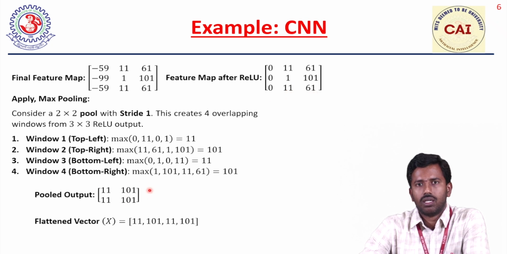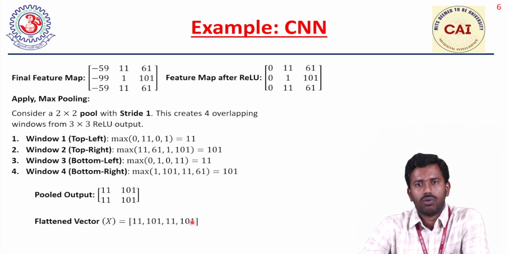Likewise, finally you are going to get the pooled values by applying the max pooling layer with a 2 by 2 filter. Only 4 values are there, which will be converted into a column or row vector, here 1 row by 4 columns, a 1 by 4 dimension.